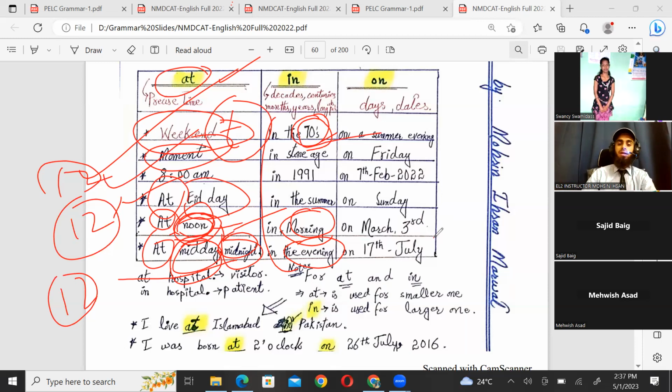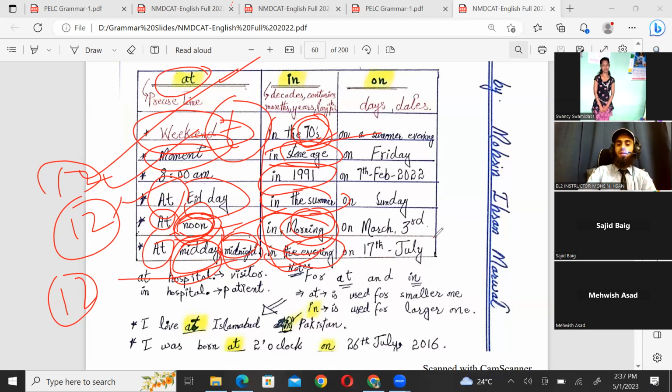In the 70s, and if you're going to mention the name of an age, in the Stone Age, in the modern age, in the old age, in the ancient age, in the Renaissance time period, in the new modern era, with all the ages, in must be used, not at or on. In 1991, in 2023. In the summer, in the winter, with the names of weathers, in the summer, in the winter, not at the summer.